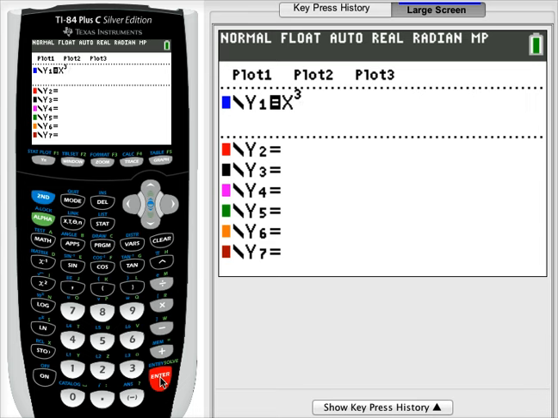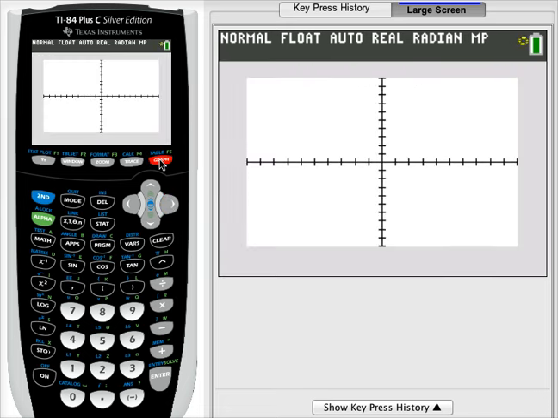So x cubed plus x squared minus 6x. Oh, sorry, somehow I got an extra minus in there. And then when you hit graph, that's what you see.